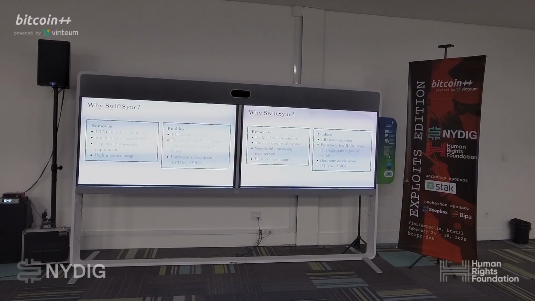You have extremely low RAM usage because we use a hash aggregate to represent what's spent or not. So only 32 bytes, it's nothing, and you can create FPGAs that are specifically designed to do this.